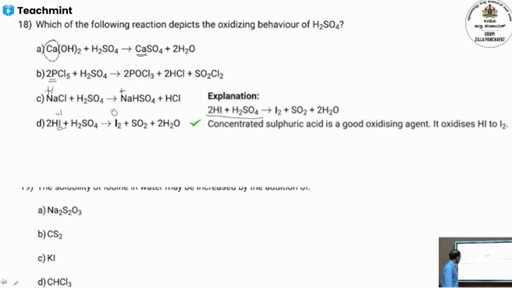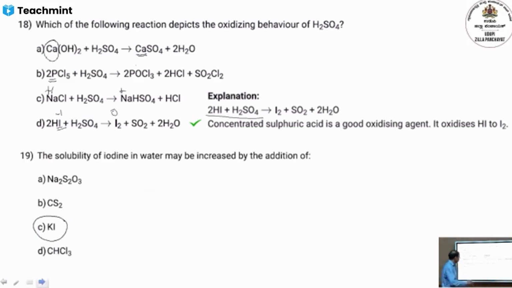If you have done the titration of iodine, iodometry or iodimetry, when the iodine is liberated, we add potassium iodide so that the liberated iodine does not escape, and it can be titrated immediately without much loss of iodine against sodium thiosulfate (hypo) solution. Therefore, we have to remember that the addition of KI increases the solubility of iodine.